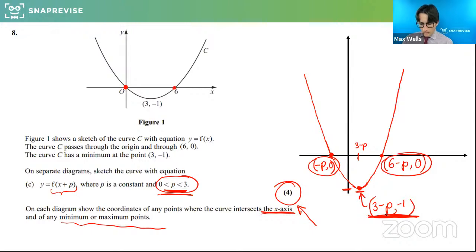So transformations, as I said, oh, I've got some questions coming in. This is lovely. So we don't have to work out the exact value of P. Good question there. We don't have to work out the exact value of P, because it's just telling us that P is in this given domain or range of values. How will it affect the sketch? Because P is not greater than 3, that point can't go beyond the y-axis.